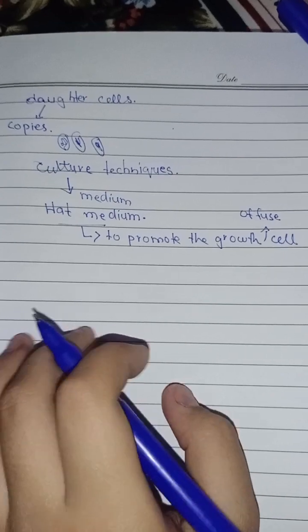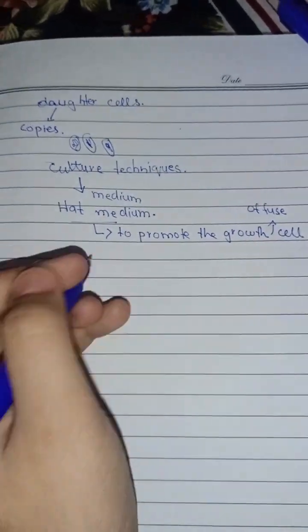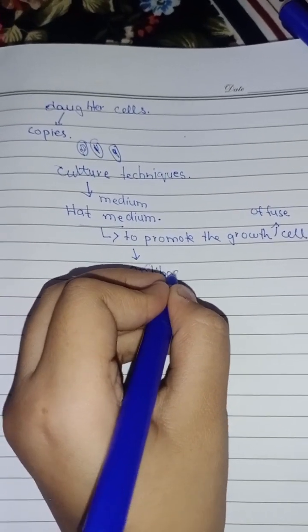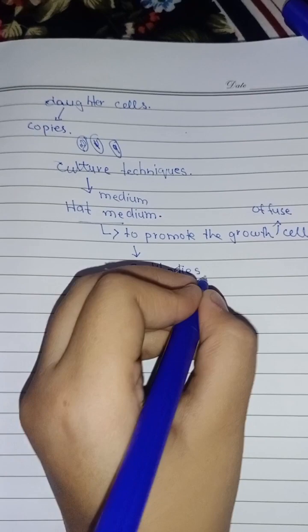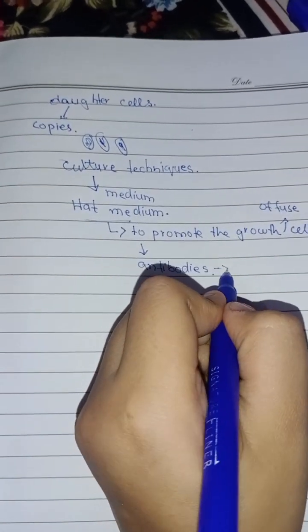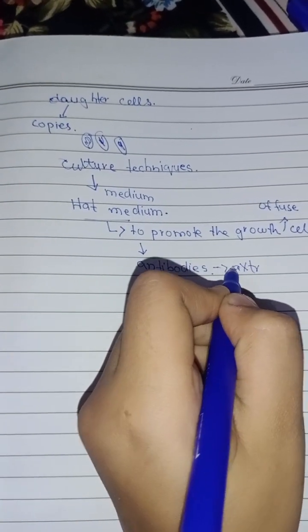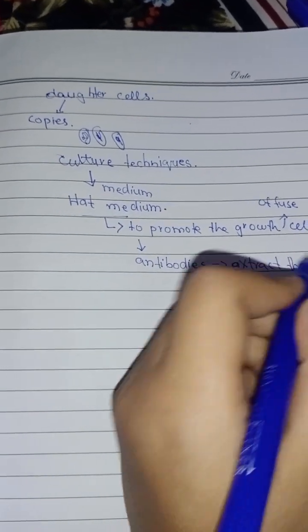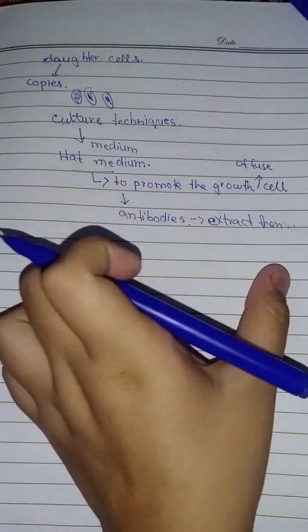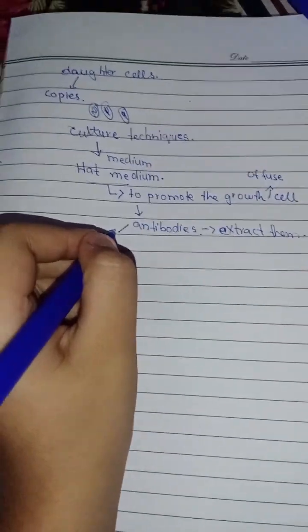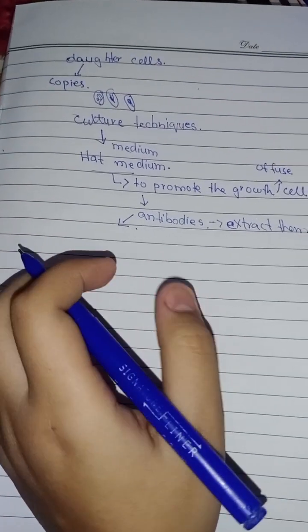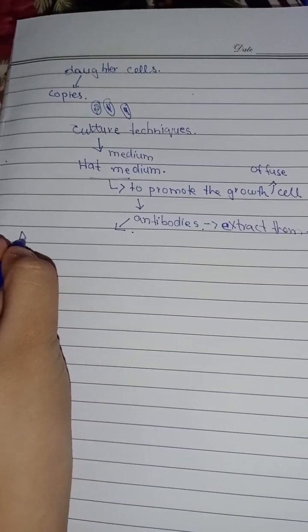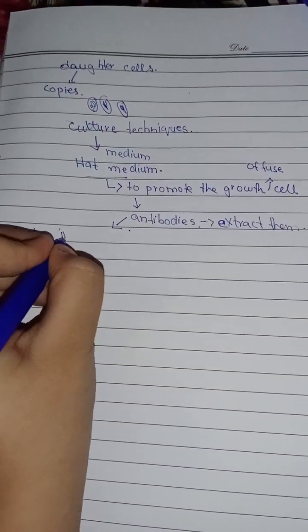After promoting the growth of the fused cells we will get the antibodies. Then we will extract them.